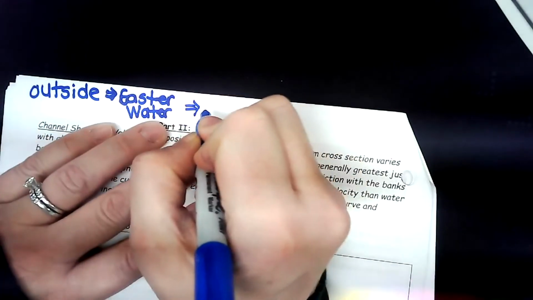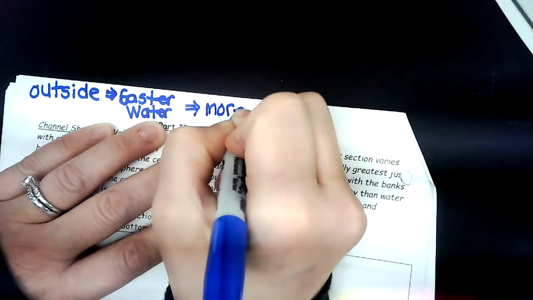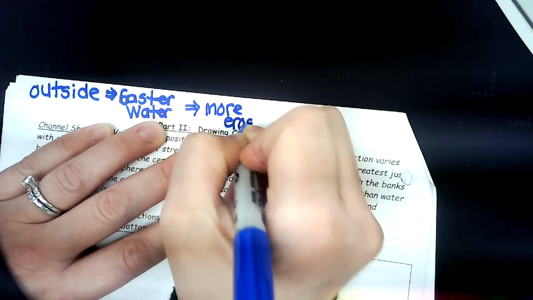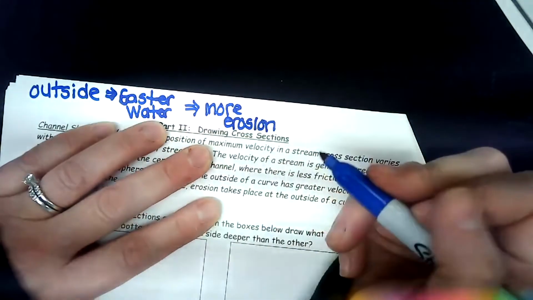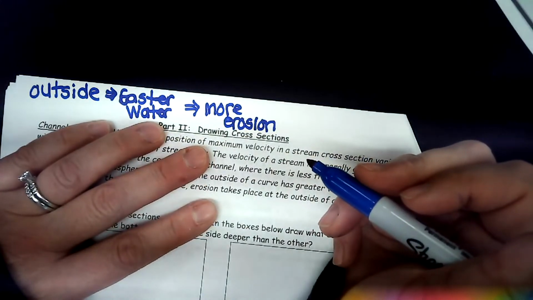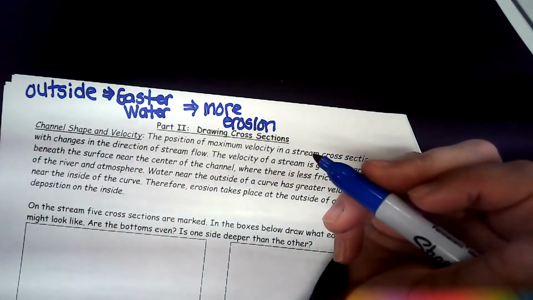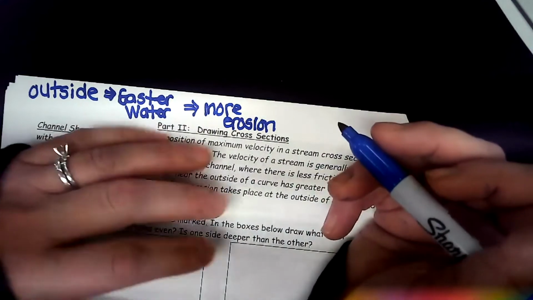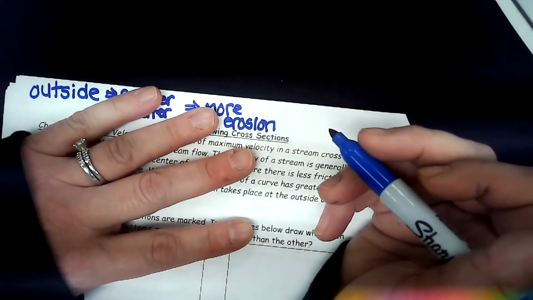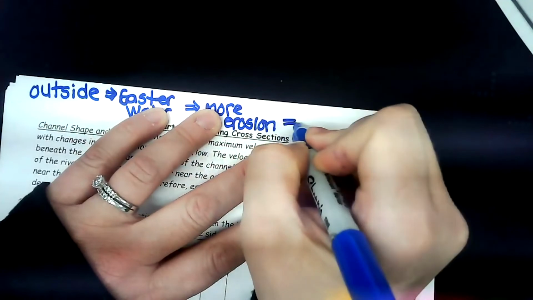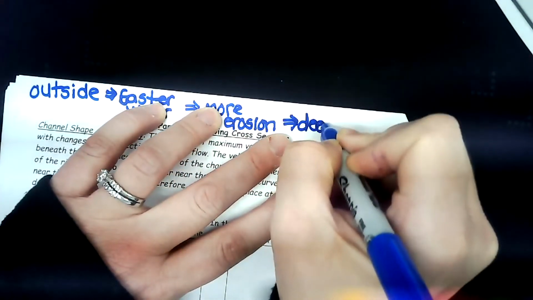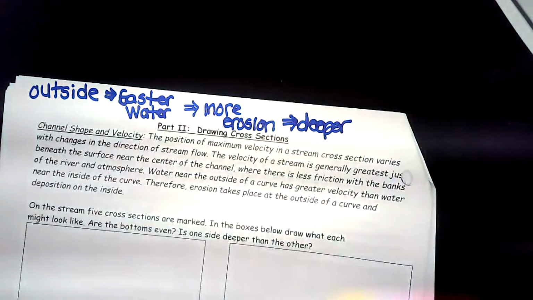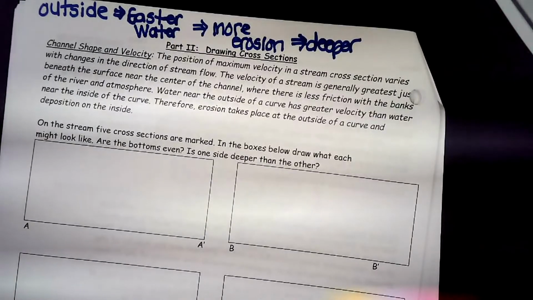The faster the water, the more erosion. And if we have more erosion, how deep is it going to be compared to somewhere where there's less erosion? It's going to be deeper. Perfect. So wherever the water's moving the fastest, that's where there's the most erosion, and wherever there's more erosion, it's always going to be deeper there.